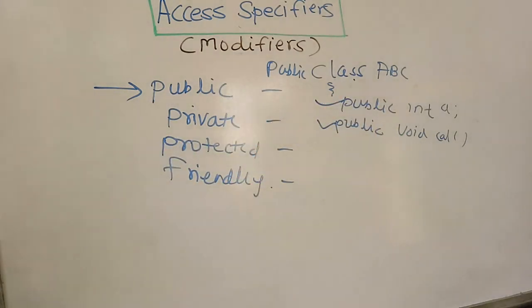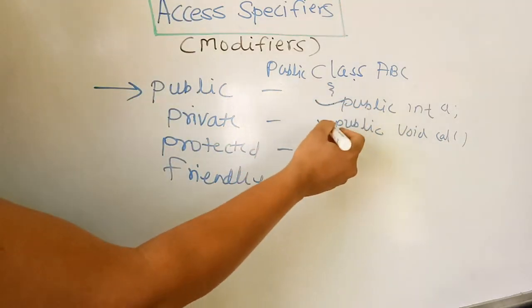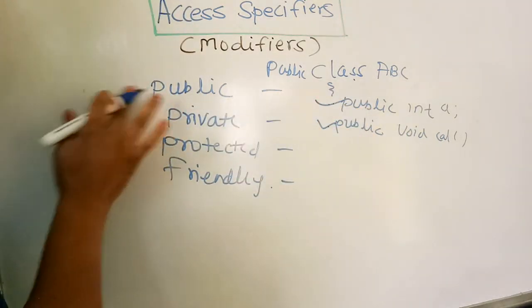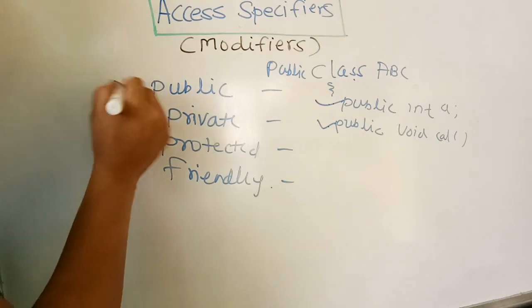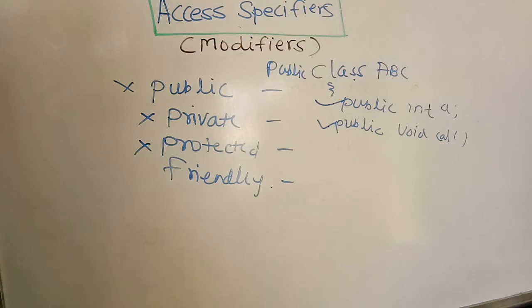Next mechanism is nothing but the friendly or default mechanism. What does it mean? A friendly access specifier is the default access specifier when no access specifier is mentioned. Means any field or method that does not specify any access specifier like no public, private or protected, then in such a case the default mechanism is friendly.